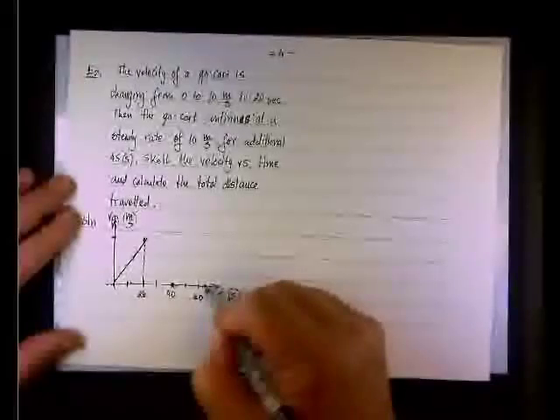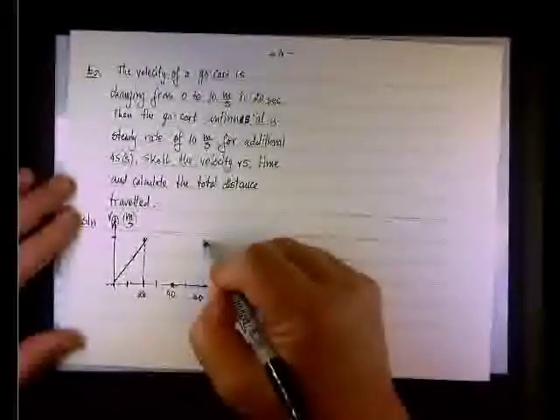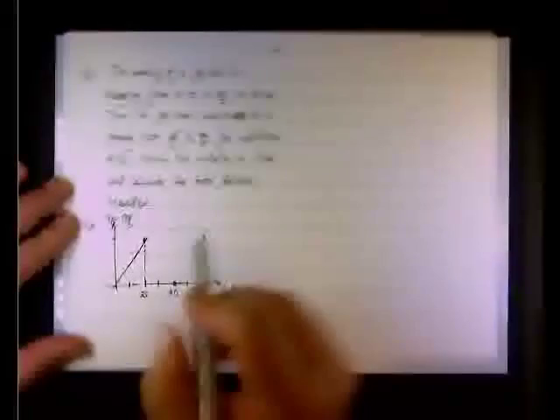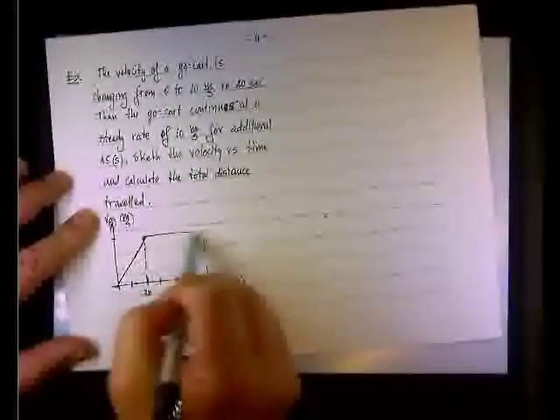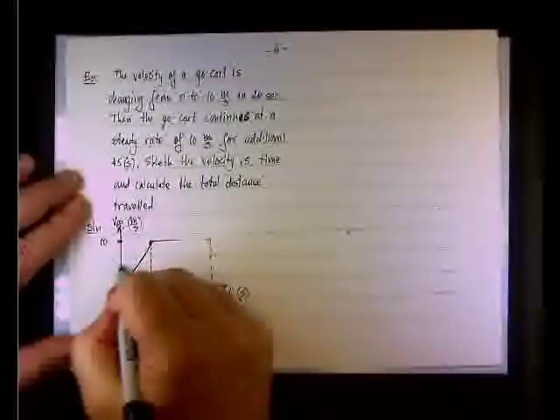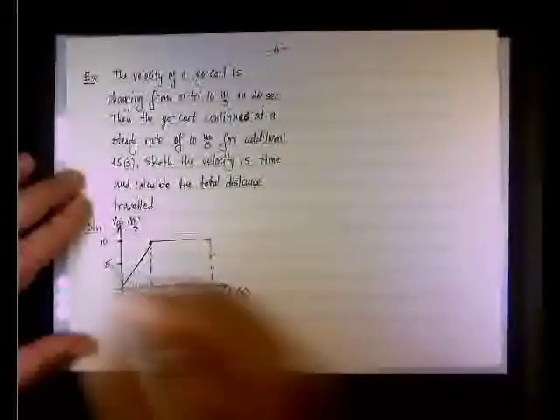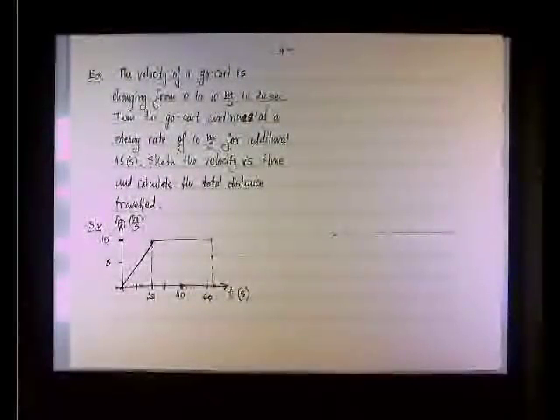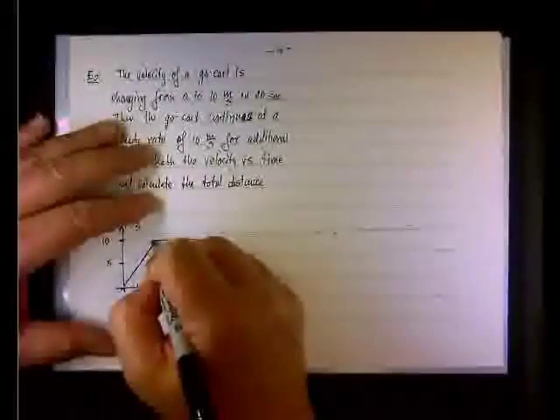And then for the next 45, we go all the way to 65 at the steady rate of 10 meters per second. So this is the sketch. We have two pieces, two different parts.